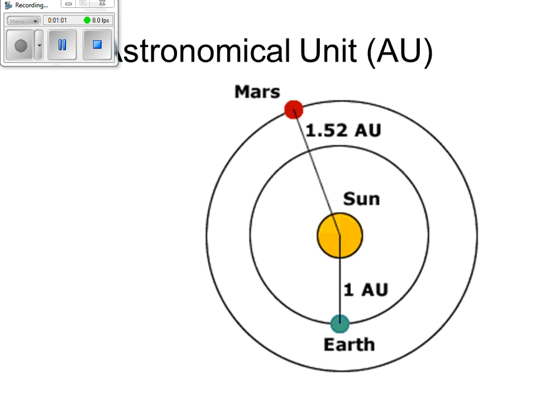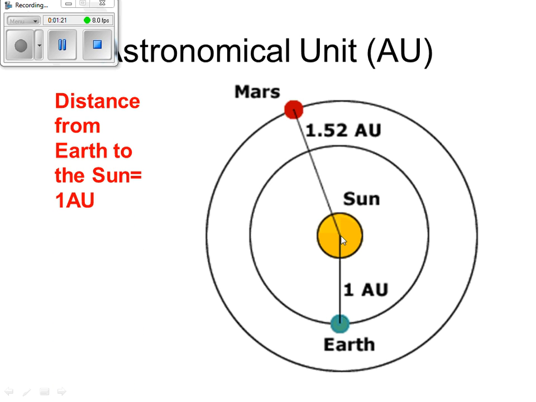In our solar system, we talk about distances in terms of astronomical units, or we call them AUs. So here we have a picture of our sun, and we have Earth, and we say that the distance from the sun to Earth is actually 1 AU. 1 AU is equal to 93 million miles.